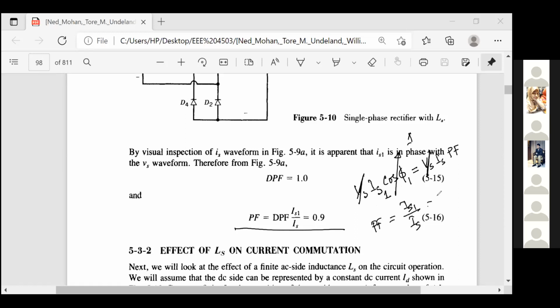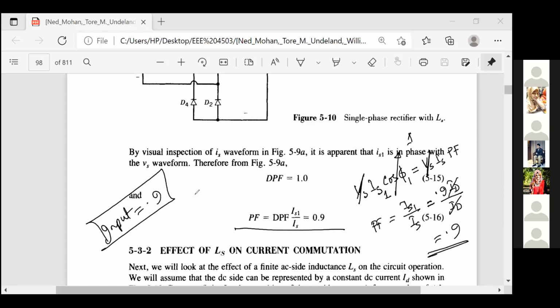What is IS1? 0.9 ID. IS1 is 0.9 ID, and IS is equal to ID. So this cancels, and the input power factor is coming as 0.9. Displacement power factor is 1.